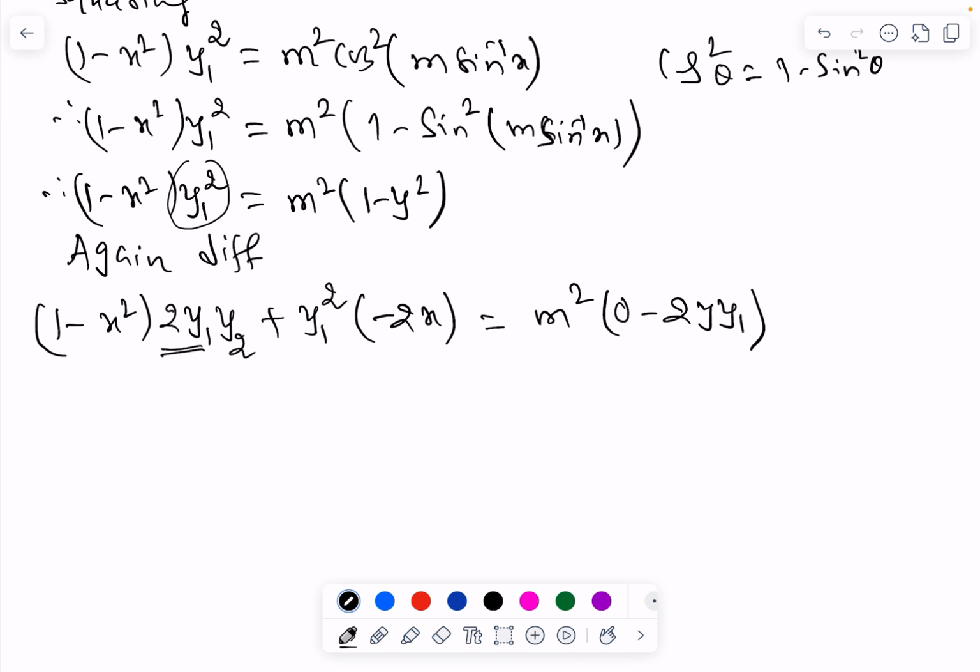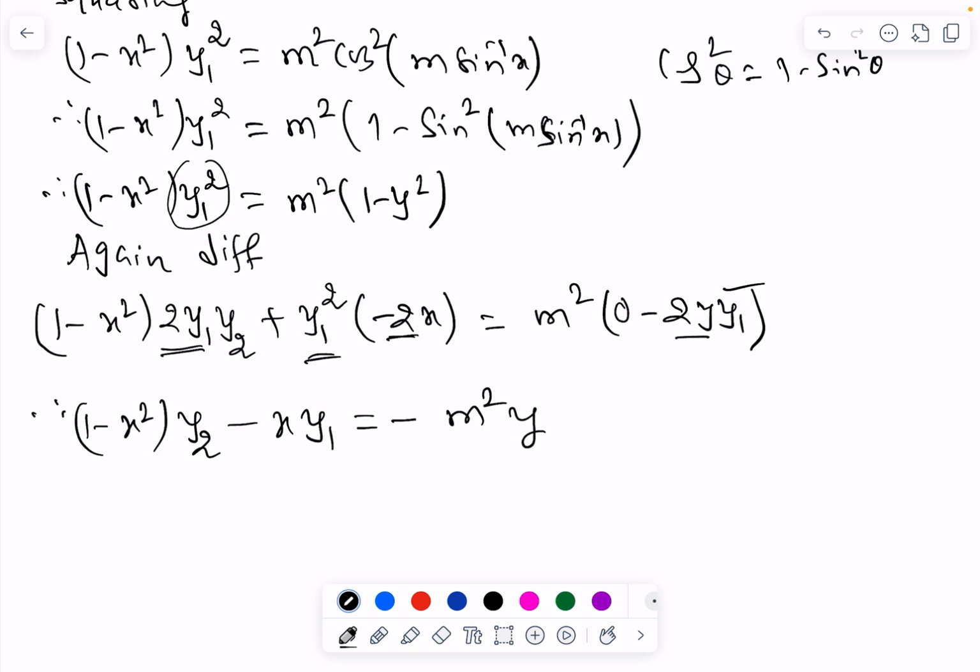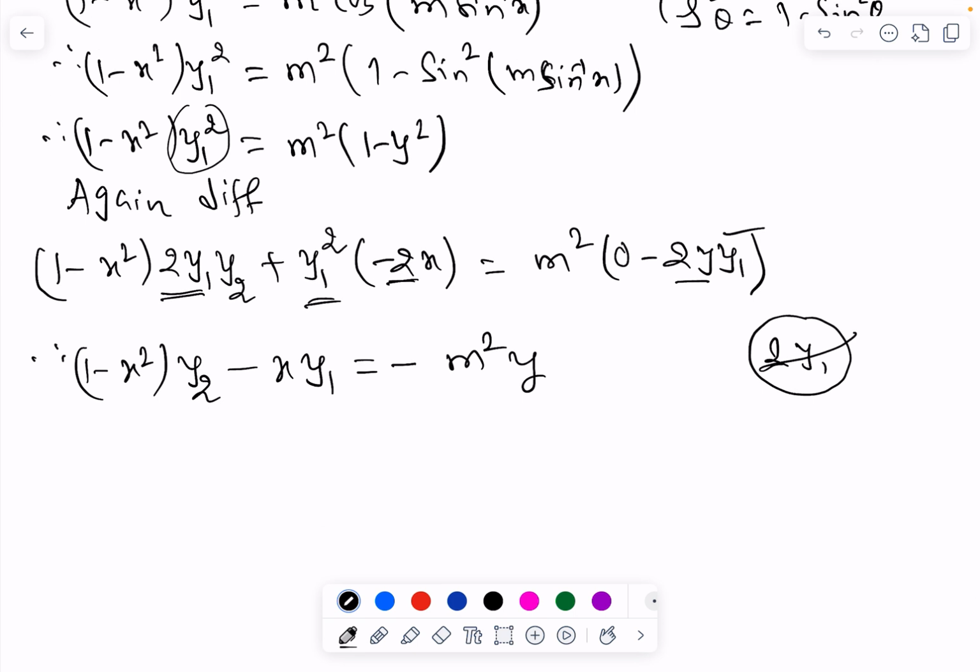Now see here, everywhere we have 2 and y1, so that can be taken out. So 1 minus x square y2 minus x y1 is equal to minus m square y. 2y1 we have taken out from every term.